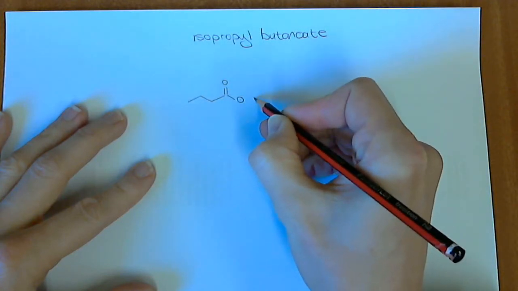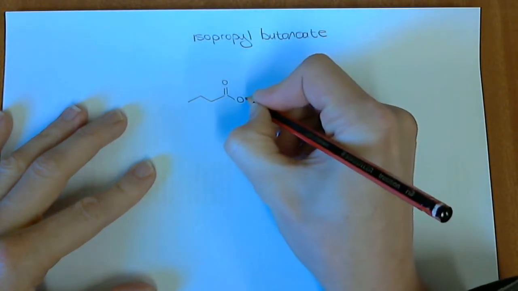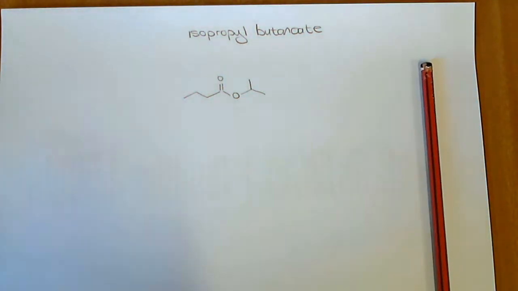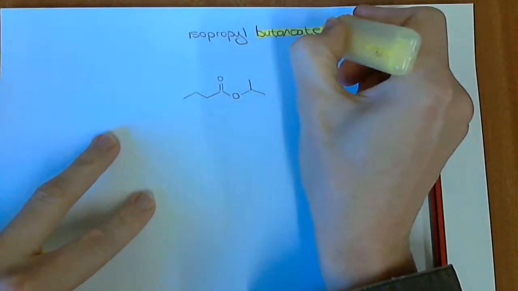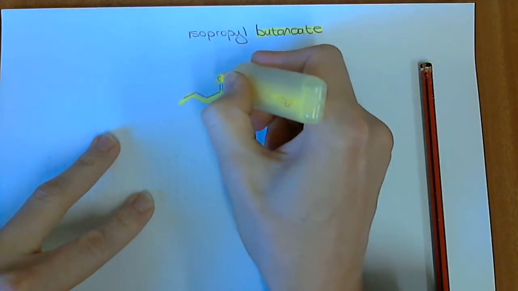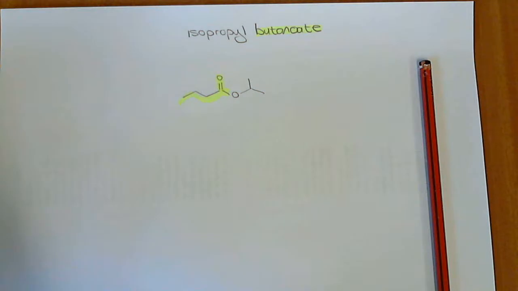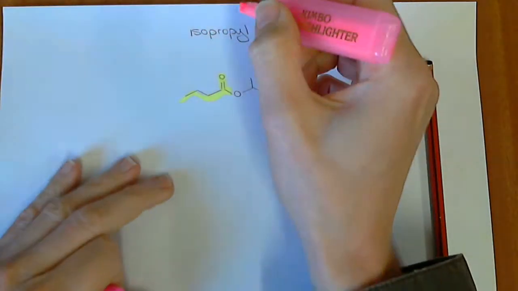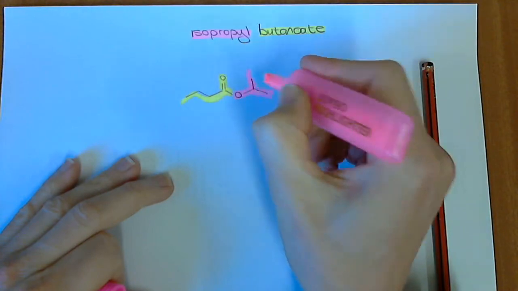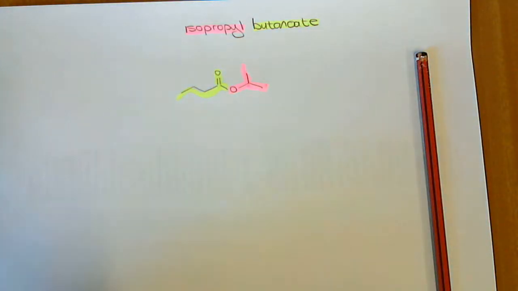We've got an isopropyl group, which is the substituent, and that looks like that. So that's our acid part, and this is our substituent, the isopropanol part over there.